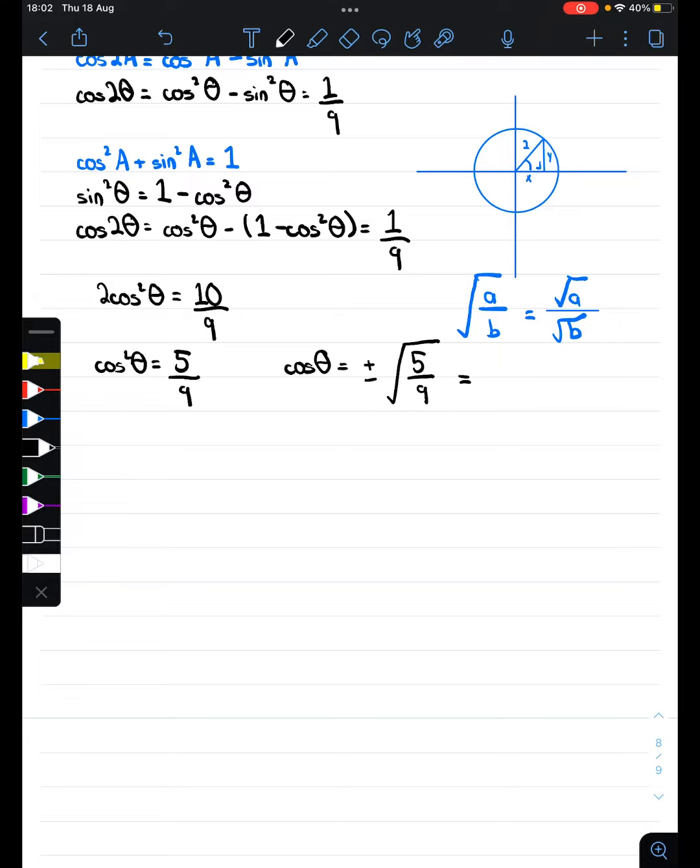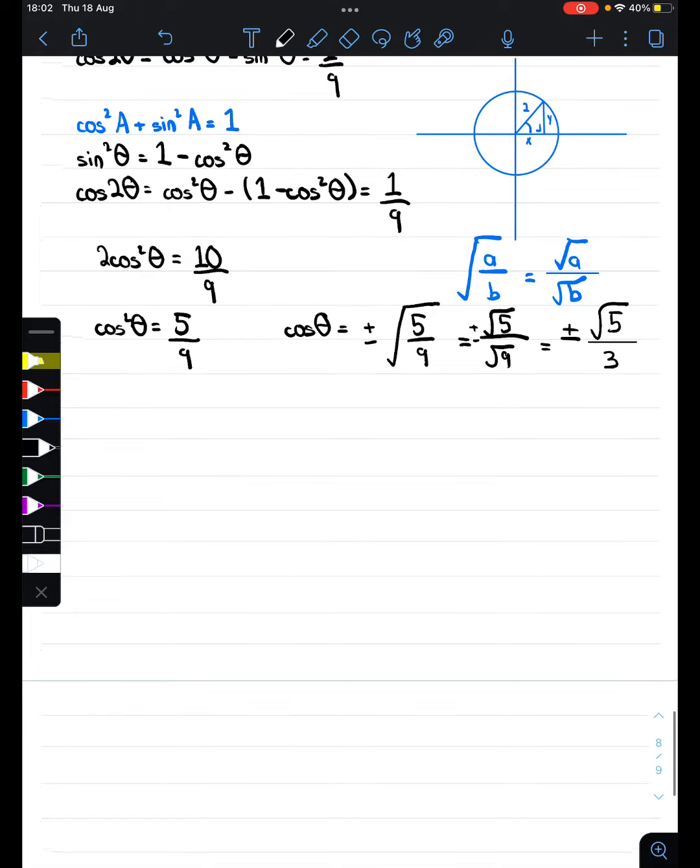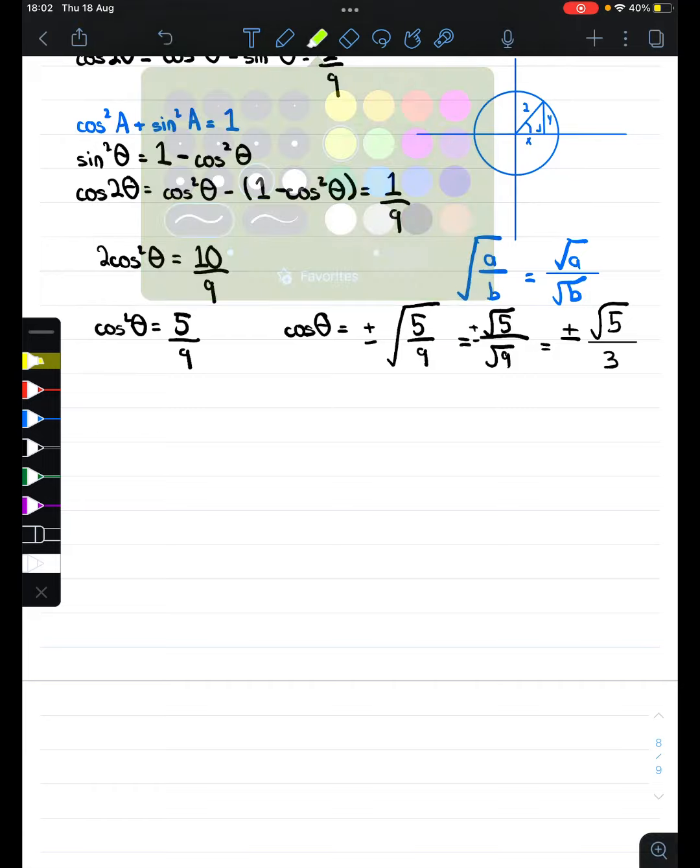So this equals the square root of 5 over the square root of 9, plus minus, which is just plus minus the square root of 5 over 3. And we have cosine of theta in the form that they've asked us for.